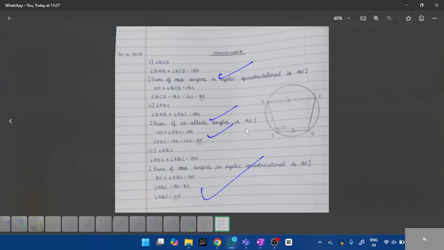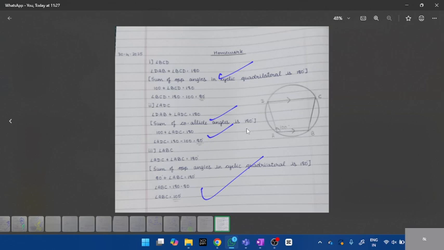Look, in the question they've asked us to find BCD. So she's written first BCD and given the explanation.